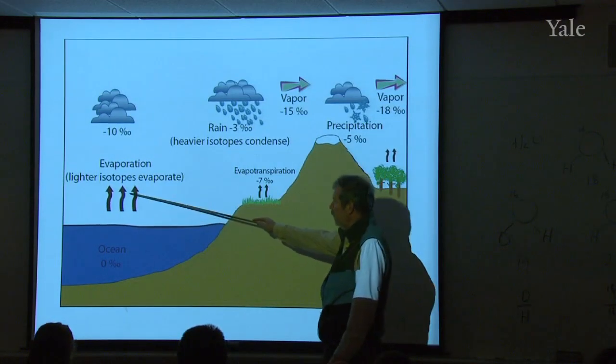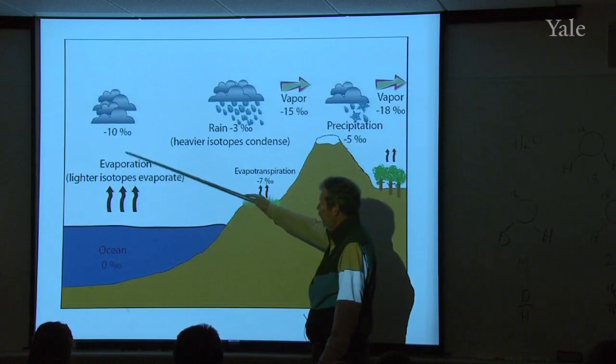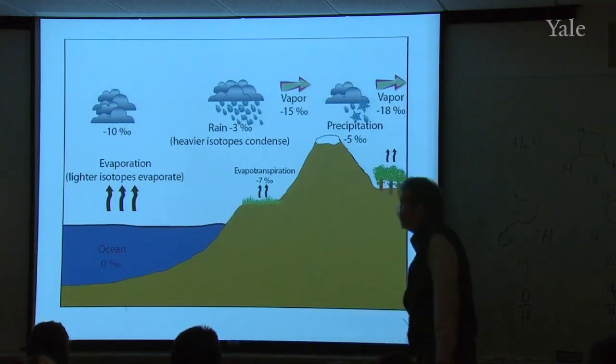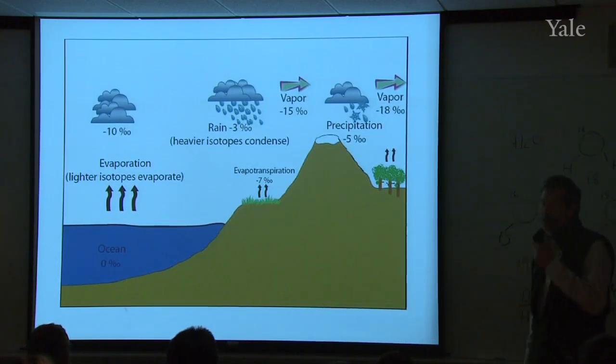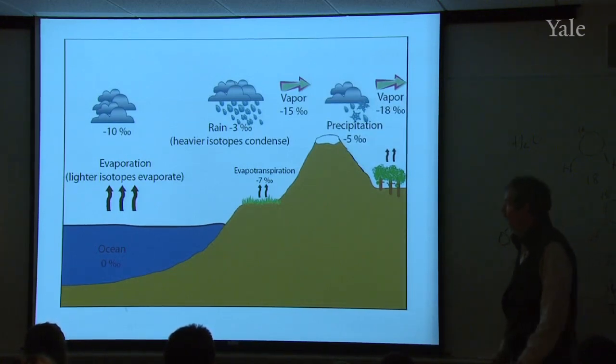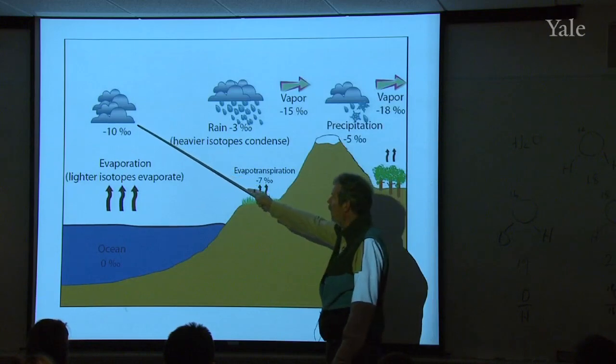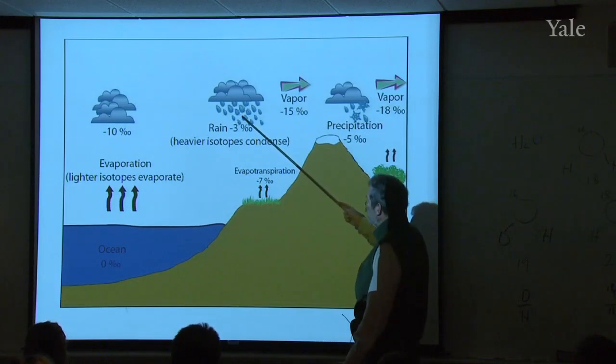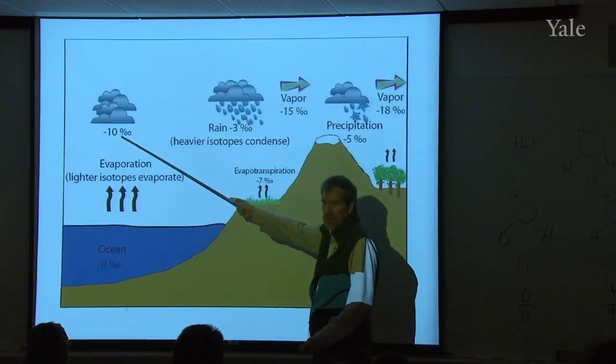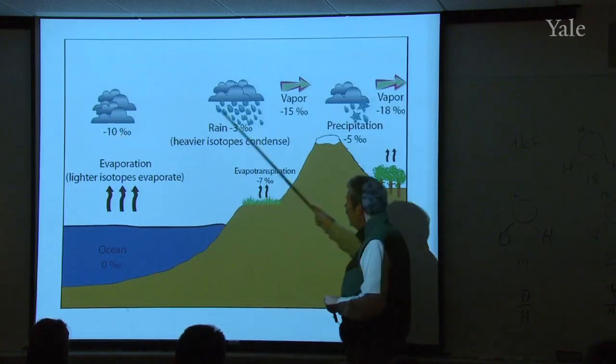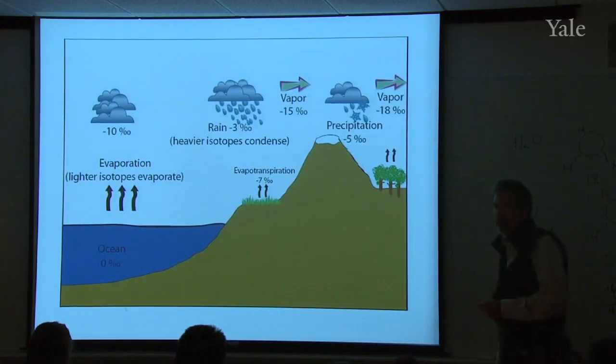When you evaporate, the lighter isotopes evaporate preferentially, and so the vapor in the atmosphere is typically going to be lighter than the ocean. It'll have a negative delta value. And then as you condense water out, the rain is going to be heavier than the vapor. So if the vapor is -10, the rain's going to be heavier than that, let's say -3.